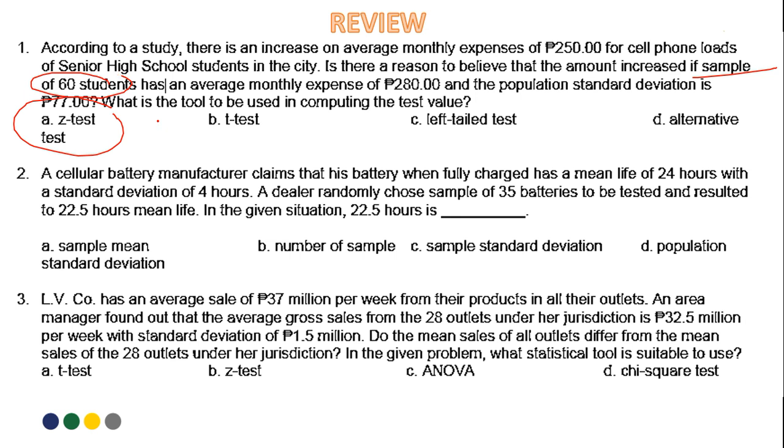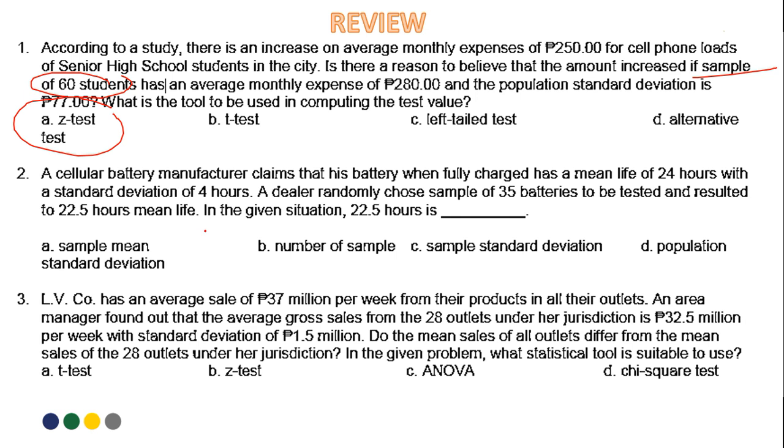Number two, a cellular battery manufacturer claims that his battery, when fully charged, has a mean life of 24 hours with an SD of 4 hours. A dealer randomly chose a sample of 35 batteries to be tested and resulted to 22.5 hours mean life. In the given situation, 22.5 hours is what?